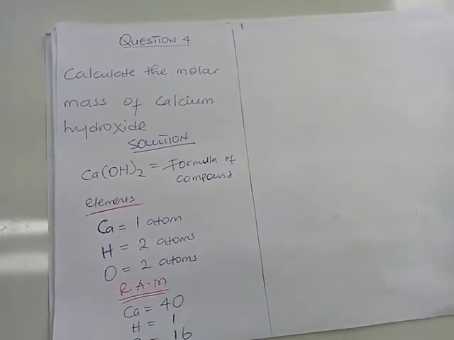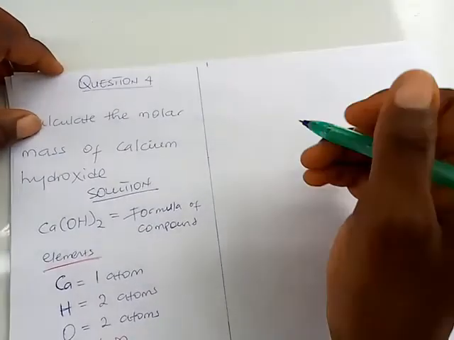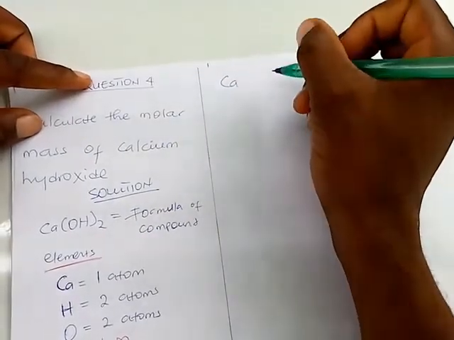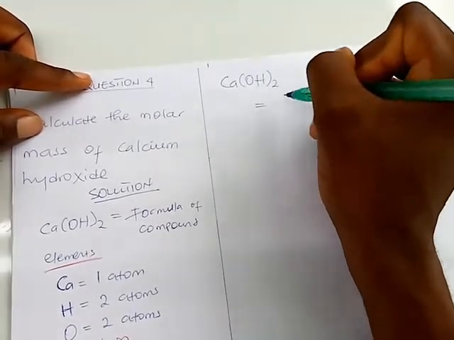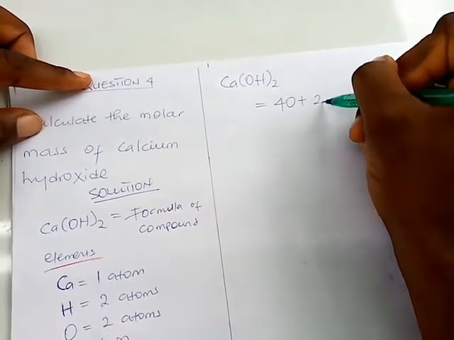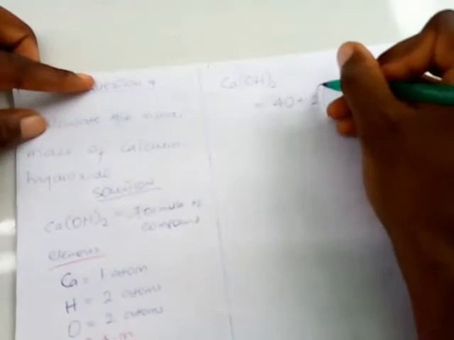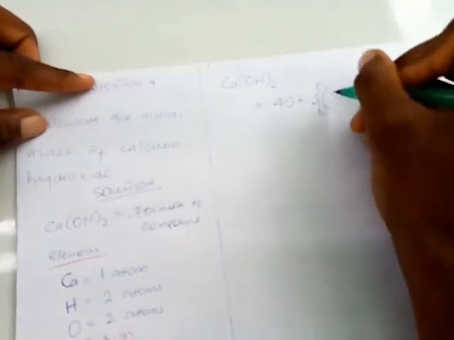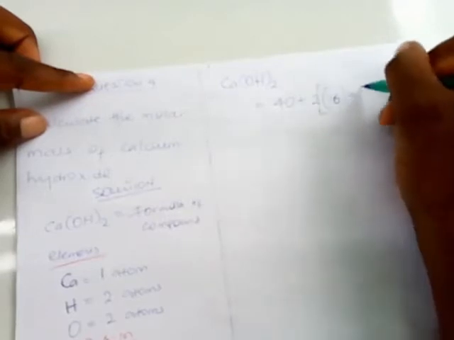So let me still solve the way I did it earlier on. I can still say, that's for these 2. Then here we have 16 for the oxygen plus 1 for the hydrogen.